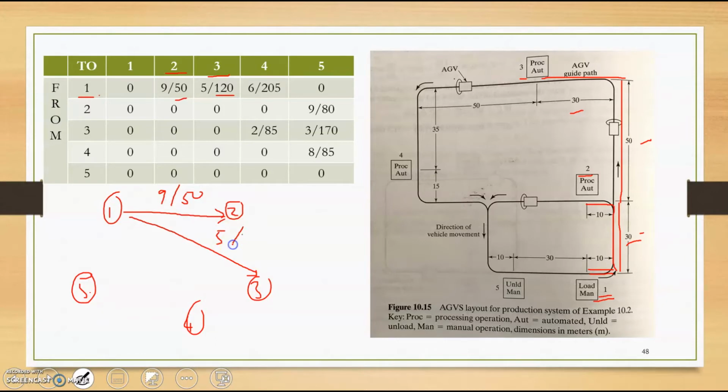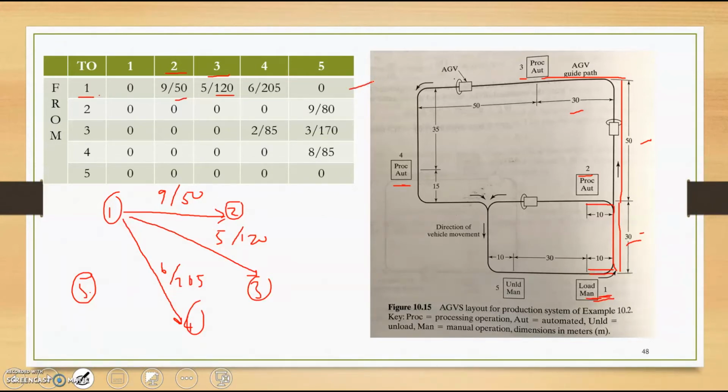This is 5 to 120, and then from 1 to 4. This is 6 to 205. So it's a long distance from station 1 to station 4. You can try to calculate the distance based on the figure. So the first row is complete.